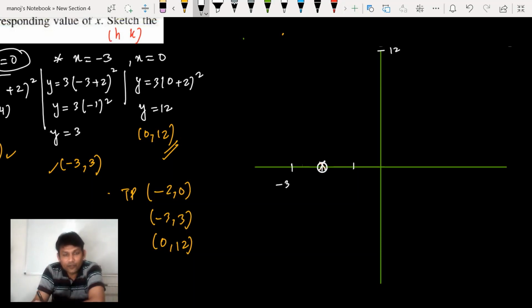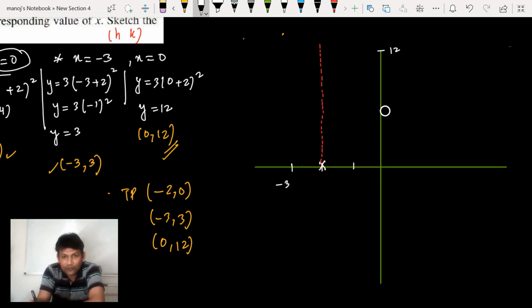And I told you that whenever you mark a turning point, always make the line of symmetry. Please, this is very important. Line of symmetry will definitely help you. It is very important to draw first of all. Okay, line of symmetry is there. Now after the line of symmetry, minus 3 and 3, minus 3 and 3, estimated.